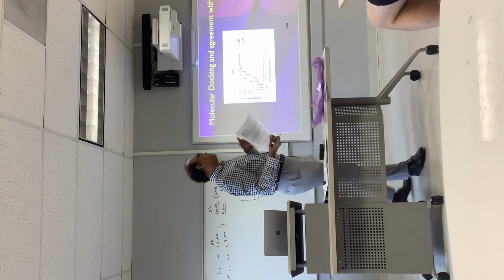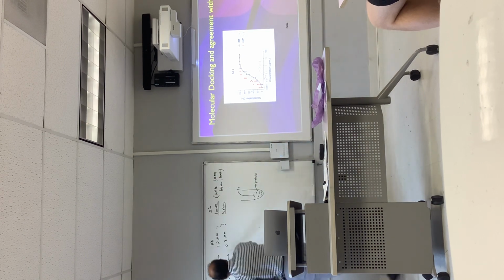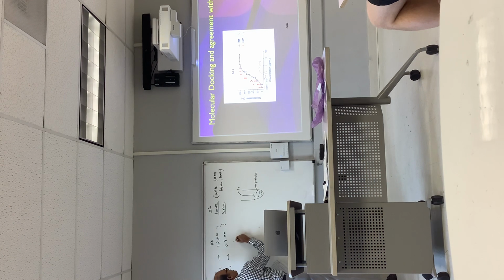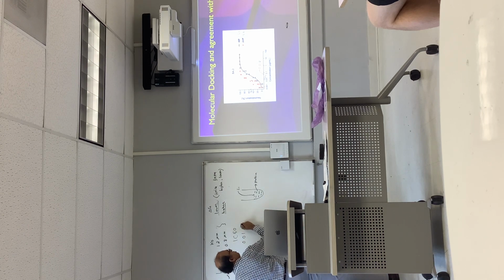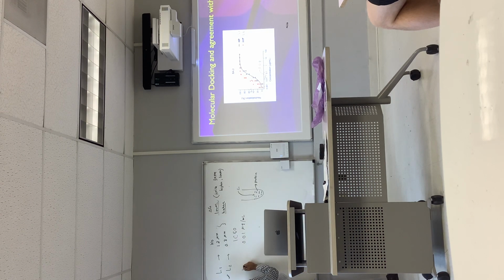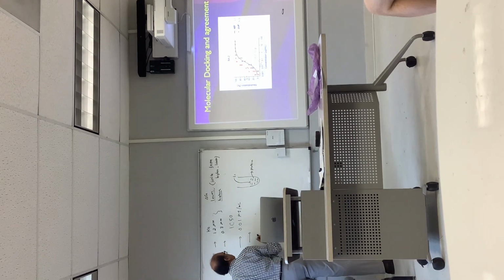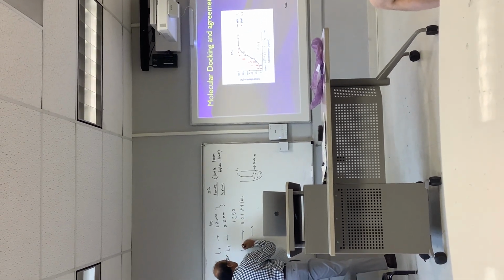So now if I say you have L1 and L2, now you have IC50. IC50 for one of them is 0.01 microgram per milliliter. So let's say this is L1, and now you have L2. Let's talk about L2 and L3.